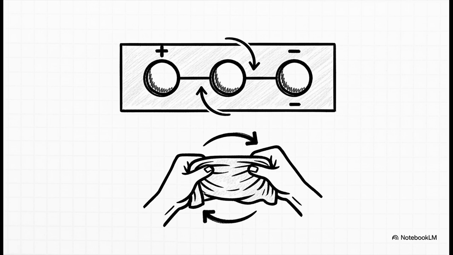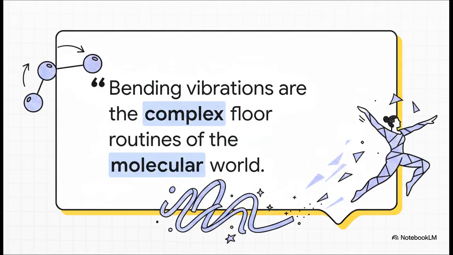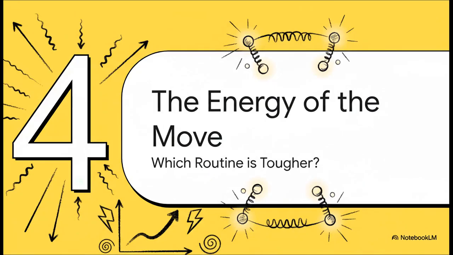This is where one atom moves up while the other one moves down, which creates this sort of ringing motion right around the central bond. So you can totally see why we say that bending vibrations are the complex floor routines of the molecular world. It's not just one simple move, it's a whole series of intricate, agile motions that really define a molecule's unique character. But all this brings up a really crucial question.